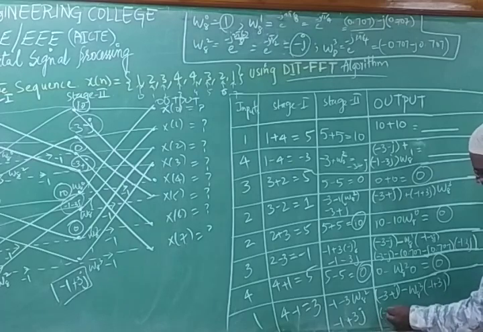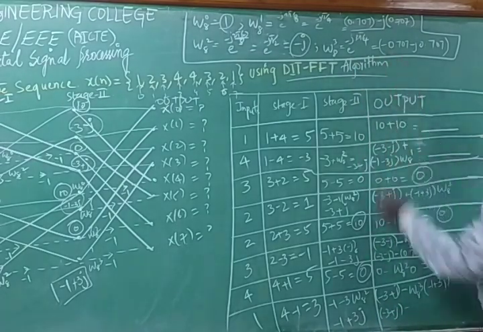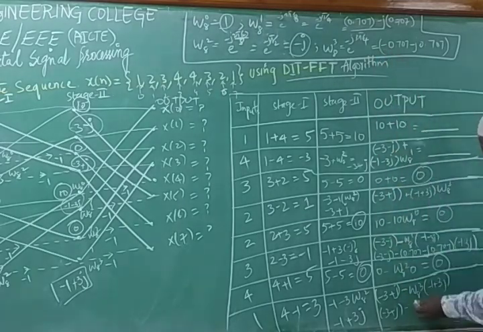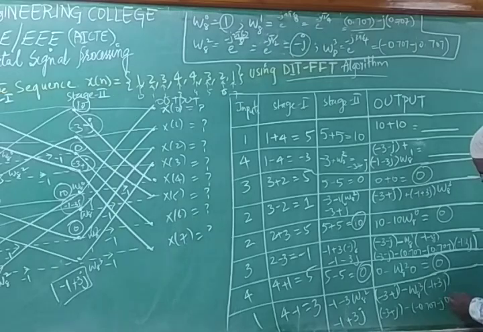So minus 3 plus j as it is, minus what is omega 8 of 3 we had? This minus 0.707 minus j of 0.707 into this, what is the factor we had? Minus 1 plus 3j. So we found all the outputs.